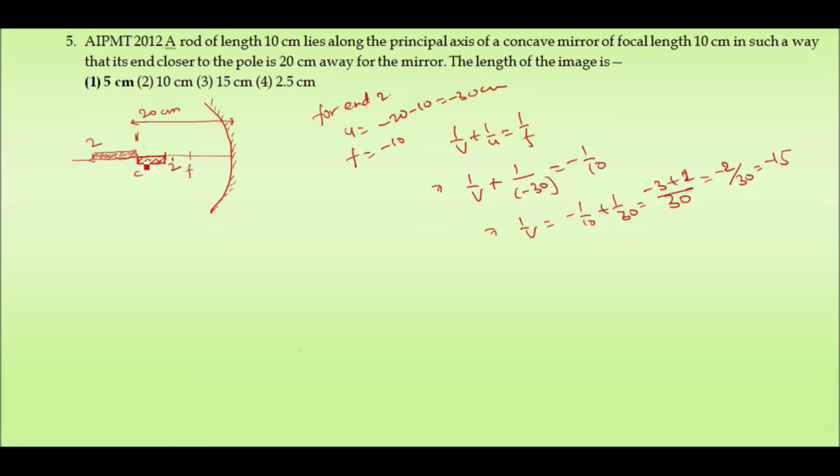So the image will be formed in this way. We call it 2 dash and this is 1 dash. So the length of image will be equal to minus 20 minus minus 15, that is minus 20 plus 15, that is equal to 5 centimeter.